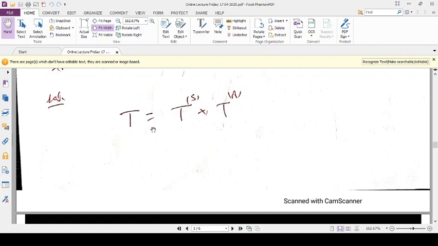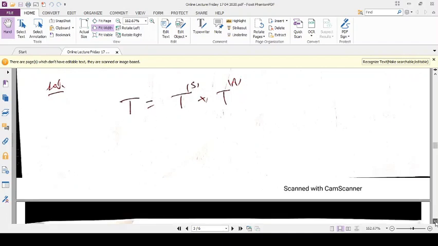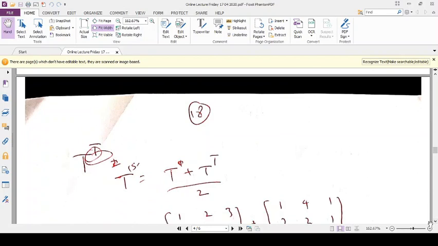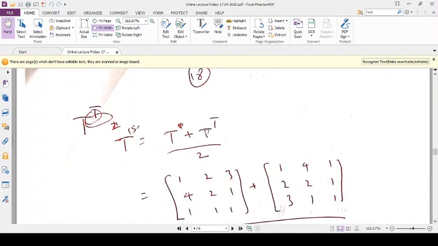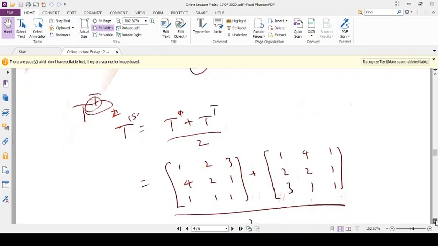So we can write T as the symmetric part plus the antisymmetric part. Symmetric equals T plus T transpose divided by 2. We know that T is given, plus here we simply take the transpose of this matrix: 1 2 3, 4 2 1 and 1 1 1, divided by 2.